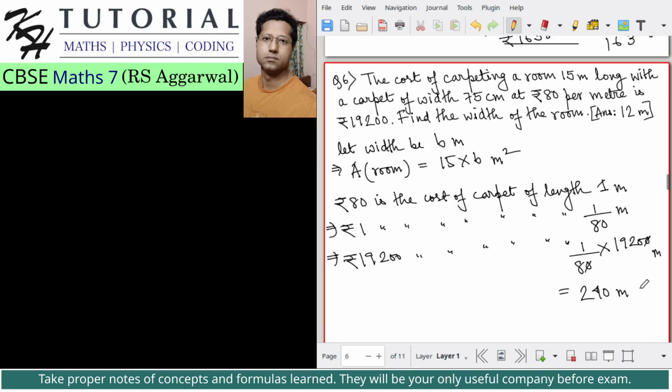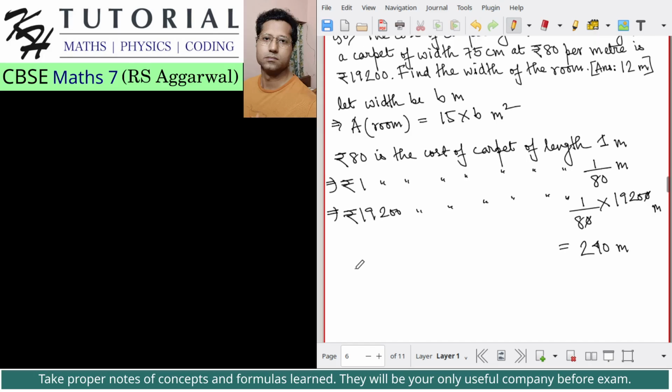So from here we can easily find the area of the floor of the room. So, area of total carpet required is equal to 240, the length of the carpet, multiplied by the width of the carpet, which is 75 centimeter, that is 75 by 100 meter.